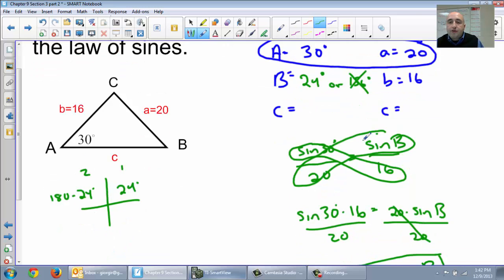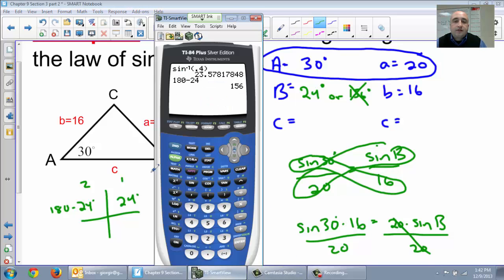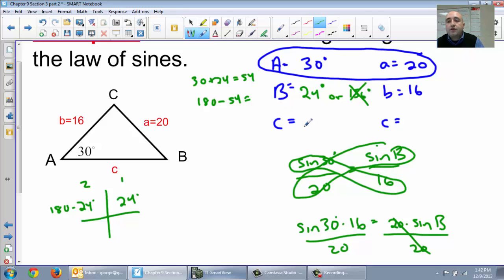Now we should be able to find the rest of our angles. We know 30 and 24. So 30 plus 24 is 54. 180 take away 54 is 126. So our third angle is 126 degrees.